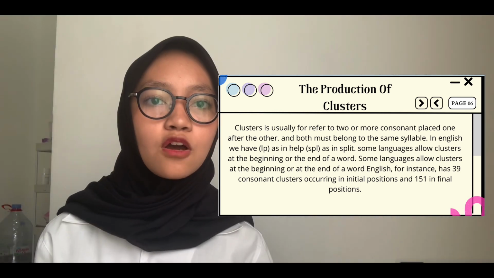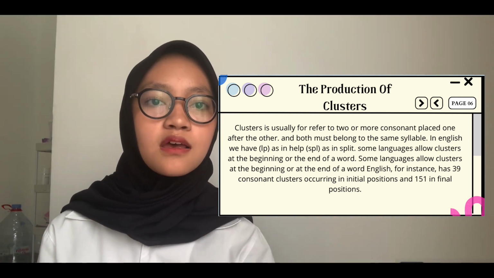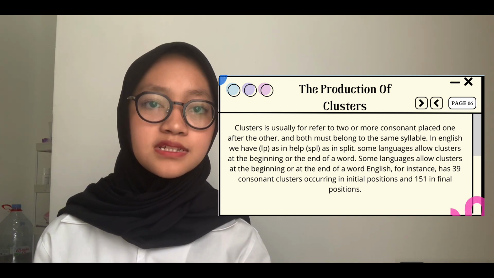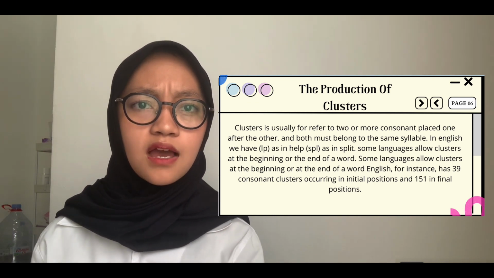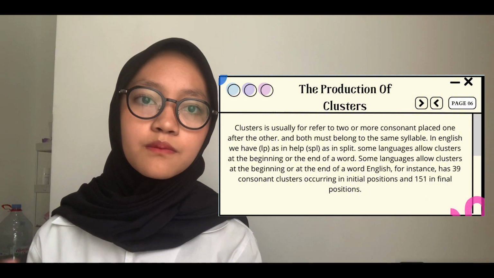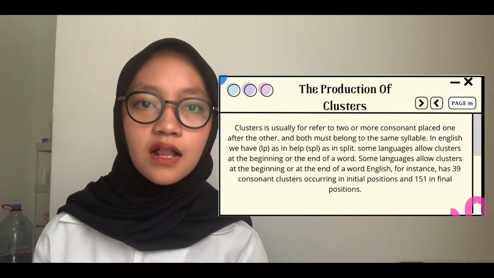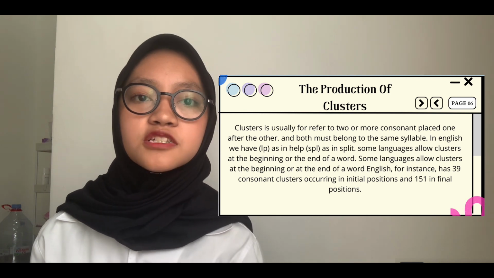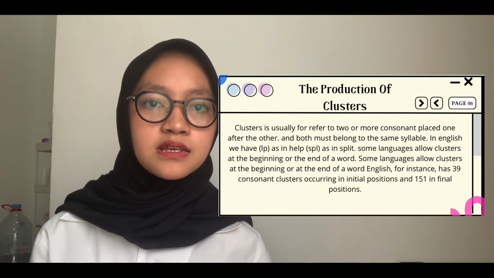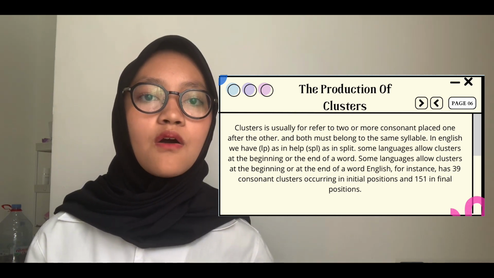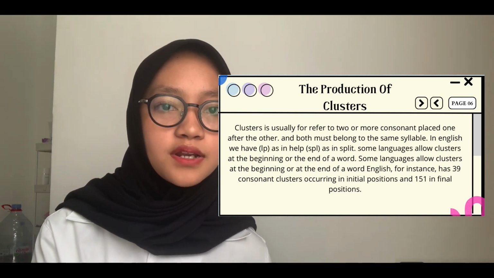The production of clusters is number 4. Clusters usually refer to two or more consonants placed one after the other, and both must belong to the same syllable. In English, we have help as in help and split as in split. Some languages allow clusters at the beginning or at the end of a word.